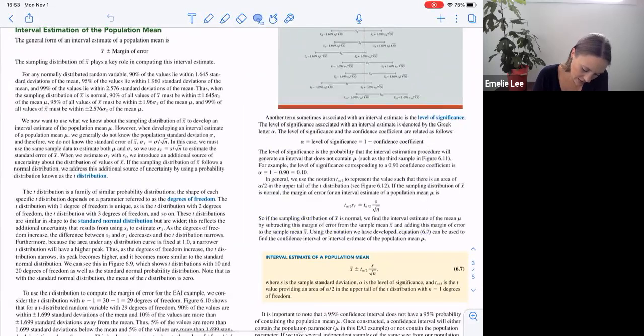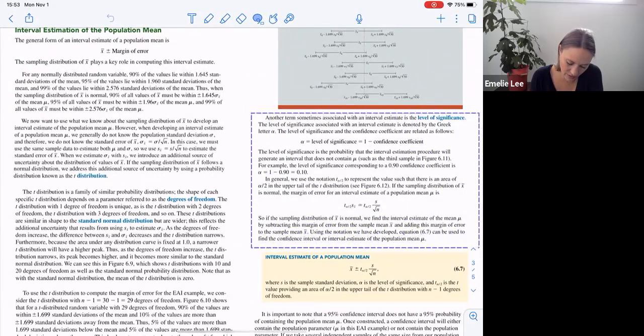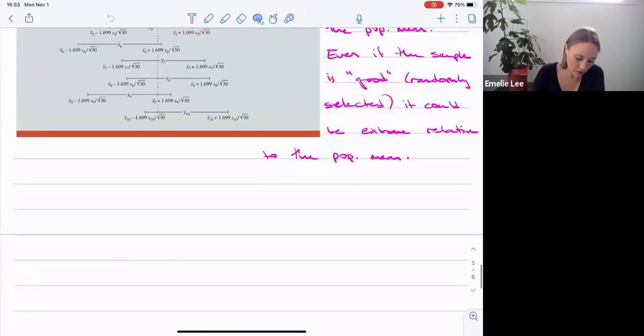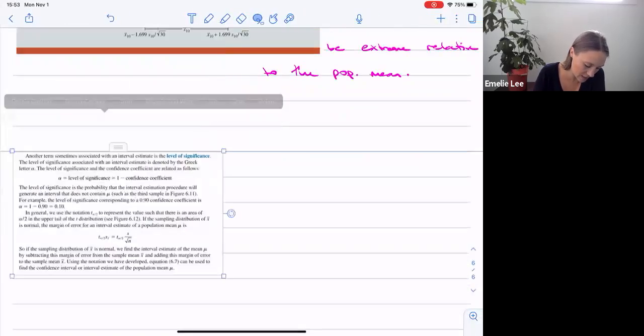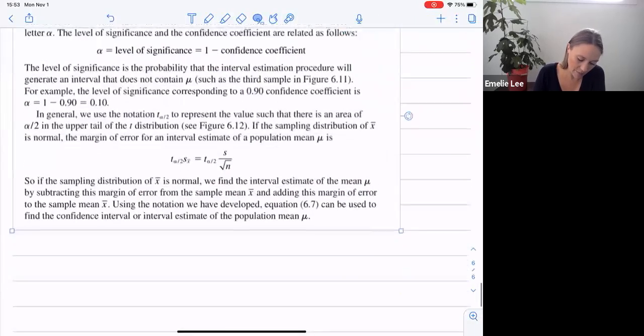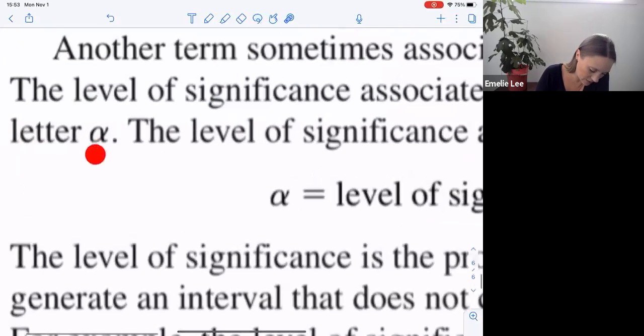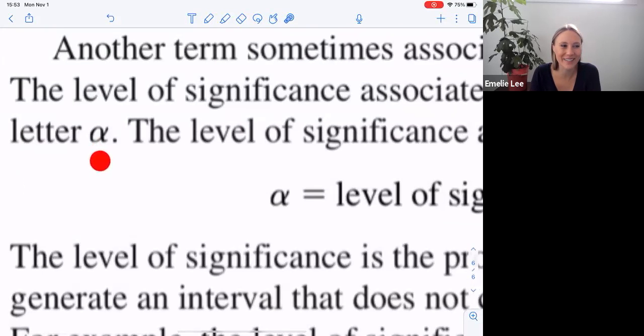So this kind of takes us into significance levels, which is going to push us into hypothesis testing. So formal hypothesis testing, and there is of course a connection between confidence intervals and hypothesis testing, as we'll see. But really what we have is some level of significance. Alpha, this kind of fish-looking Greek letter, is what we use to denote the significance level.